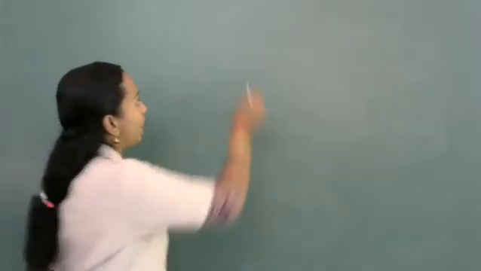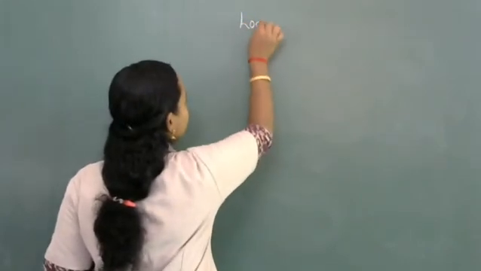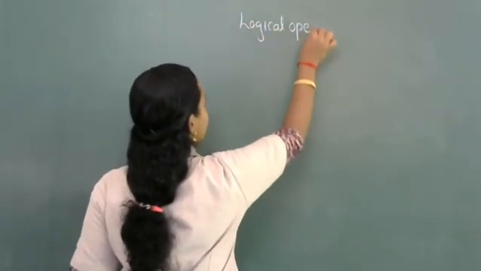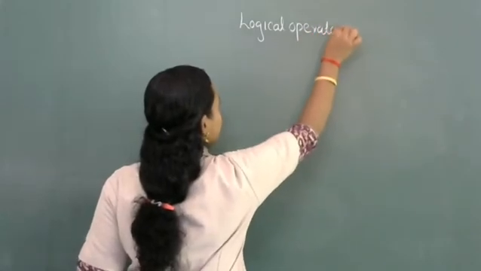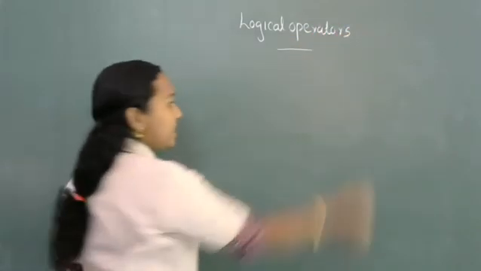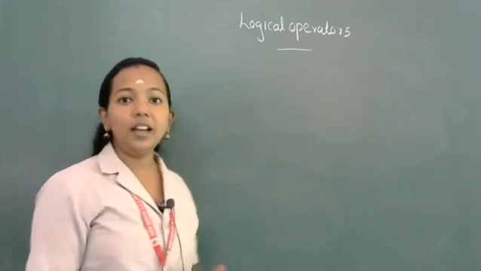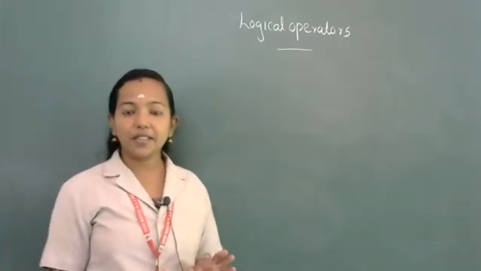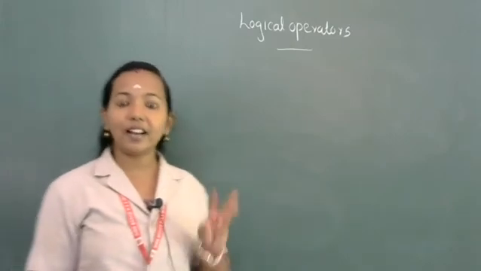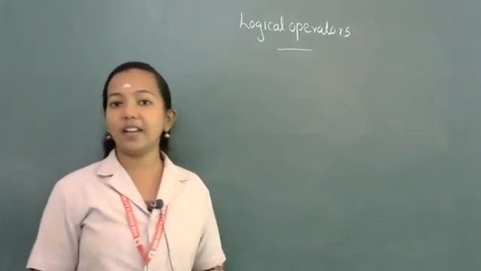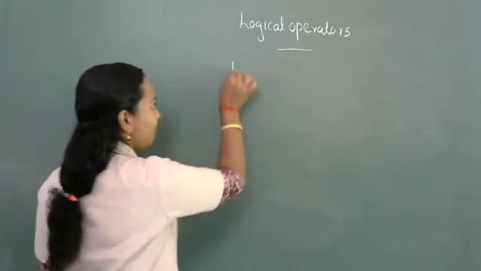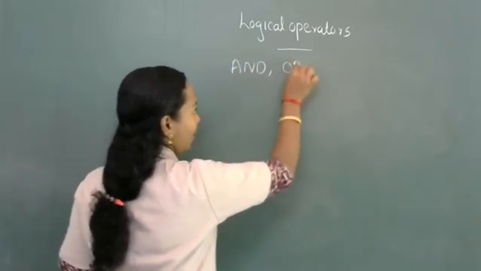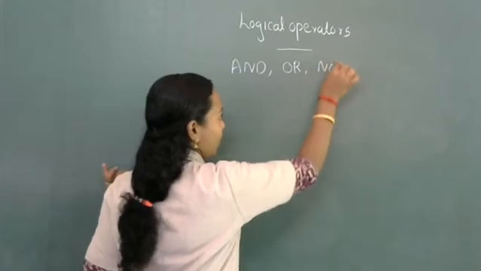Then the second category is logical operators. What is it? Logical operators. We already studied that there are three types of logical operators: and, or, not.